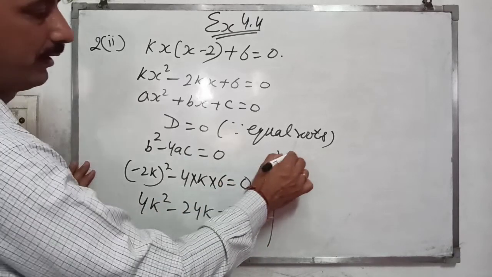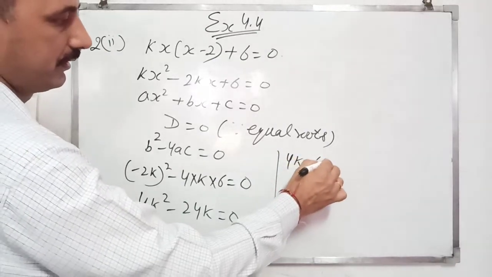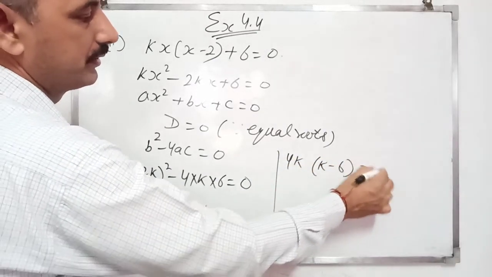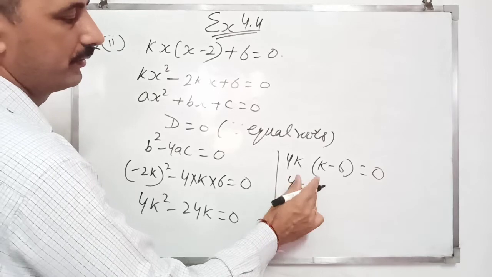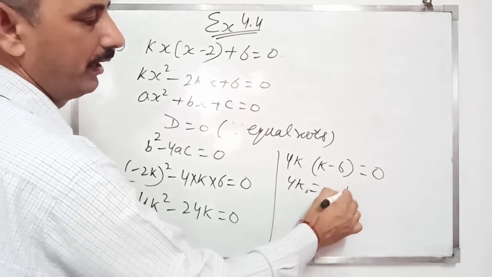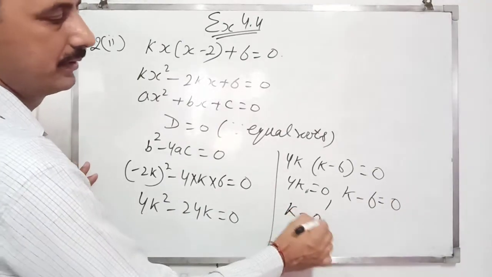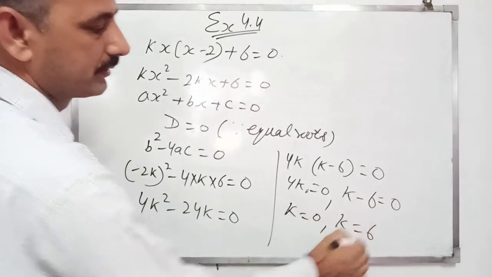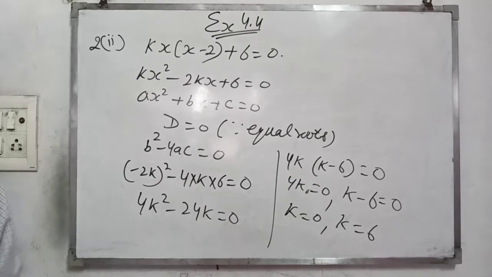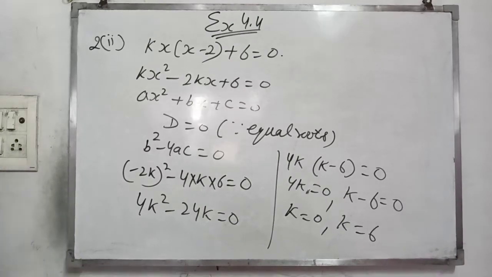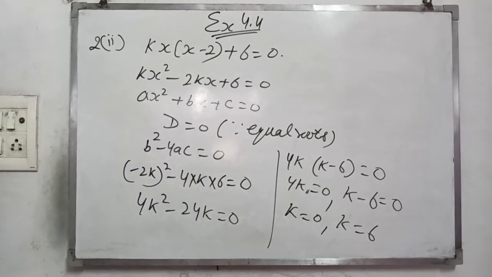So 4k into (k minus 6) equal to 0. So 4k equal to 0 and k minus 6 equal to 0, so k equal to 0 and k equal to 6. In such a way you find the value of k. Come to the next question.